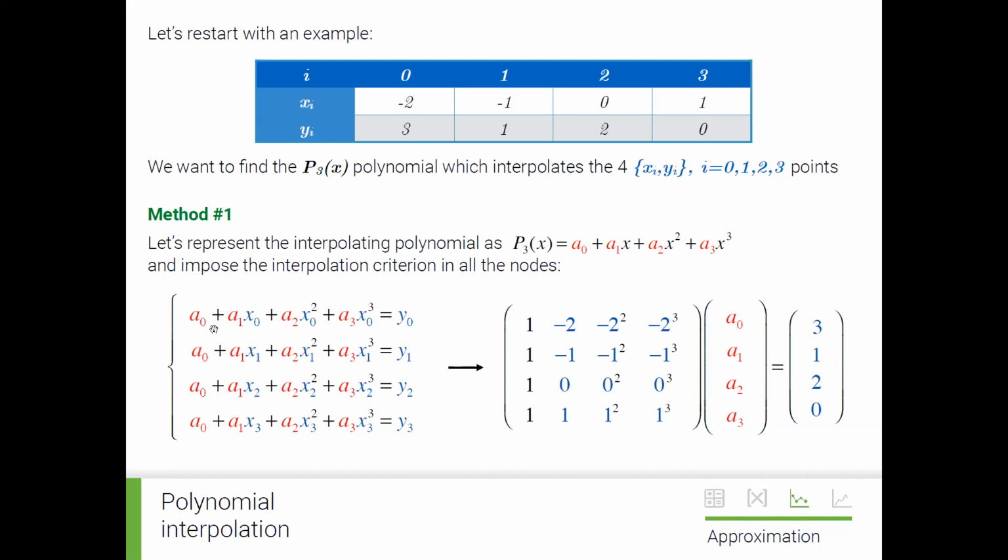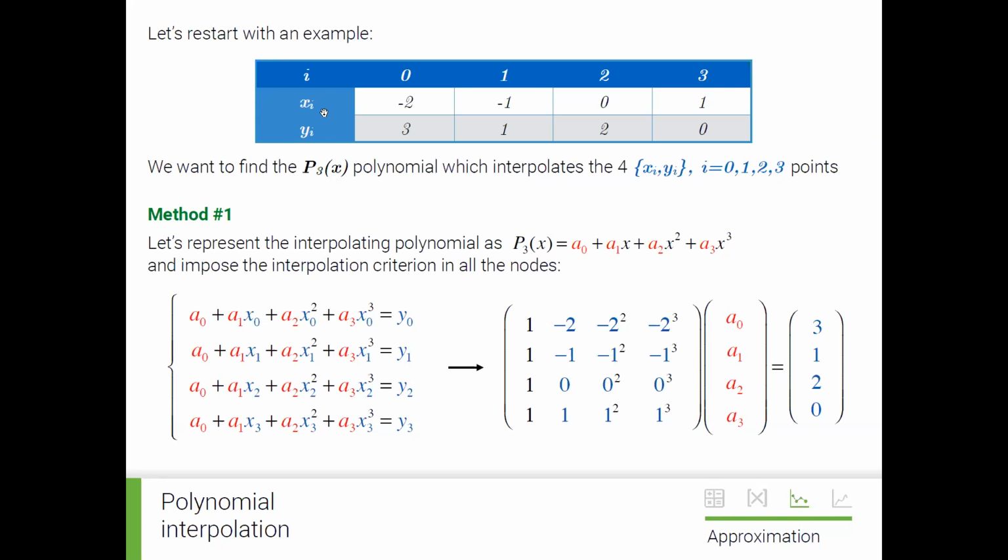So we have how much? 4 equations, a system of 4 equations. And now we need to solve this kind of system. So in this case, we have the values of these nodes, x0, x1, x2, and x3. Let's put the corresponding values of these nodes instead of x0, x1, x2, and x3.